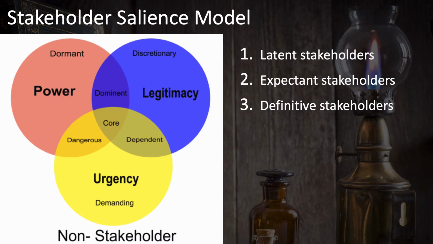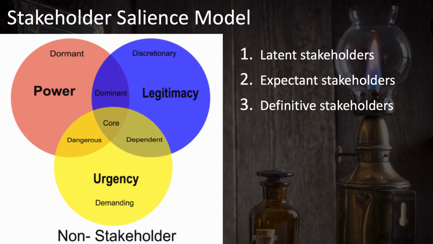For those stakeholders who are in just one of these circles, they're known as latent stakeholders. Those that are in two of these circles are called expectant stakeholders, and the one here in the middle labeled core that's in all three are known as the definitive stakeholders.